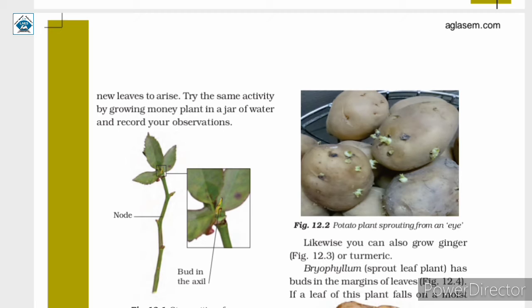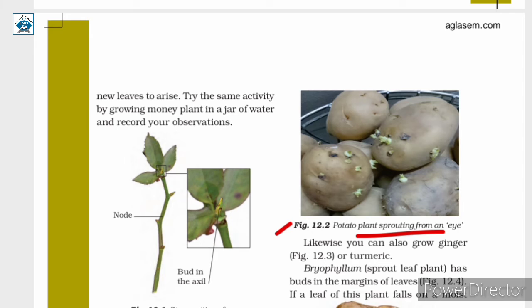You need to take a potato and observe its scars with the help of a magnifying glass. As shown in figure 12.2, you can see the potato plant sprouting from an eye after performing this activity. While observing the scars, you may find buds in them. These are also called the eyes of the potato.